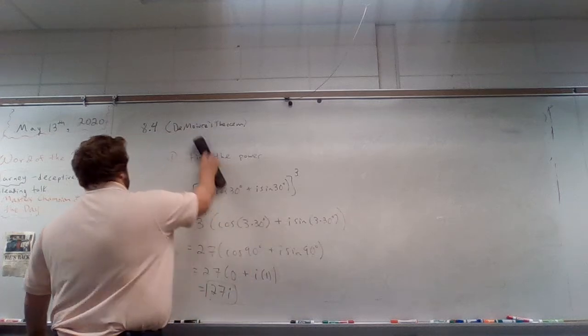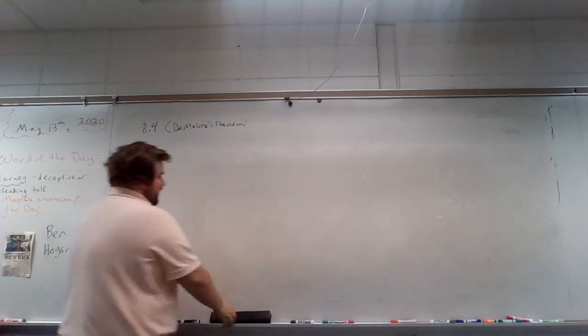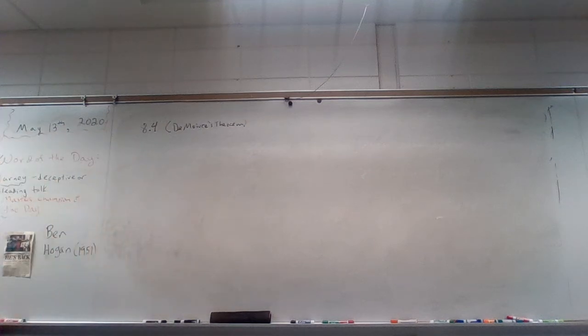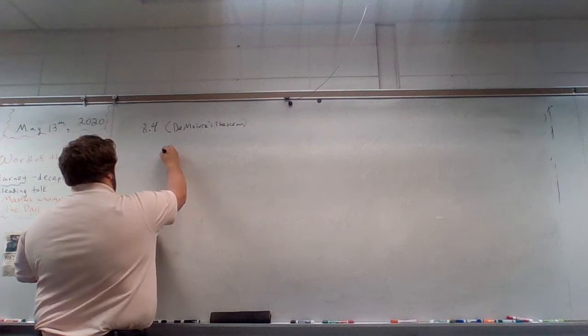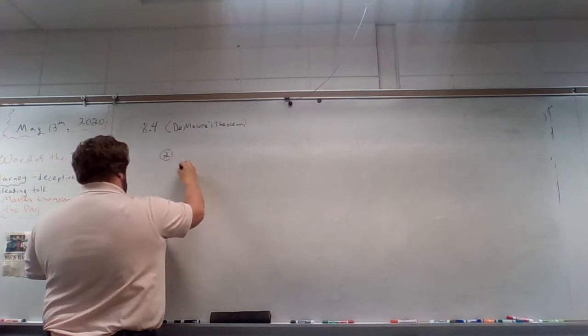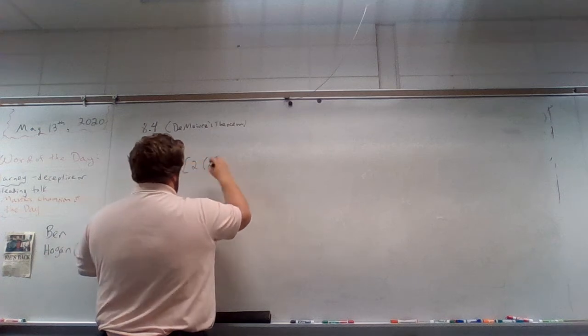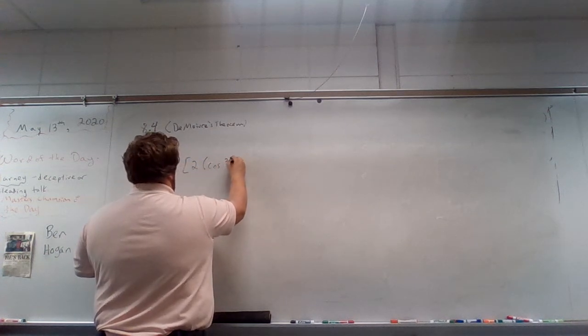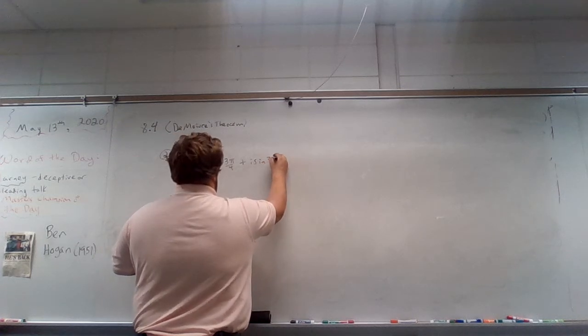So let's take a look at another one. Maybe we'll do one where the angle's in radians, and we'll do to the fourth power. So say number 2. I've got 2 cosine of, let's say, 3 pi over 4 radians plus i sine of 3 pi over 4.